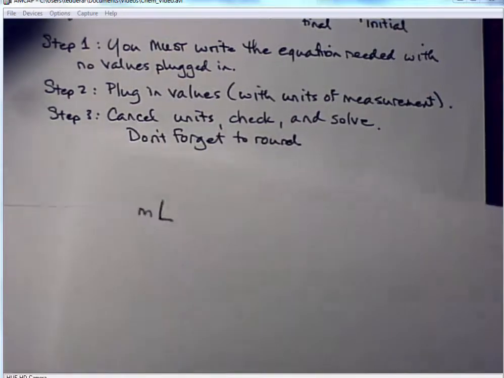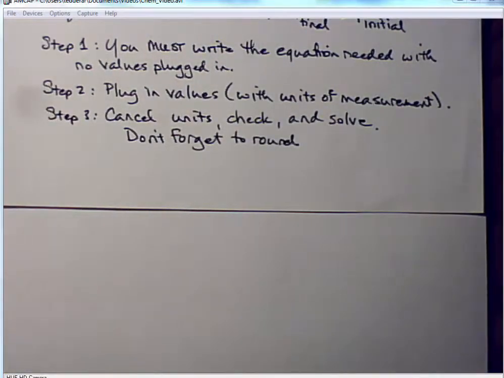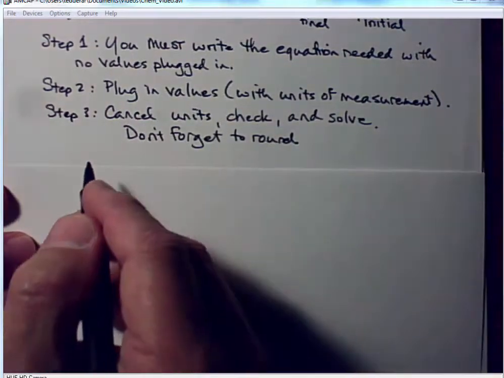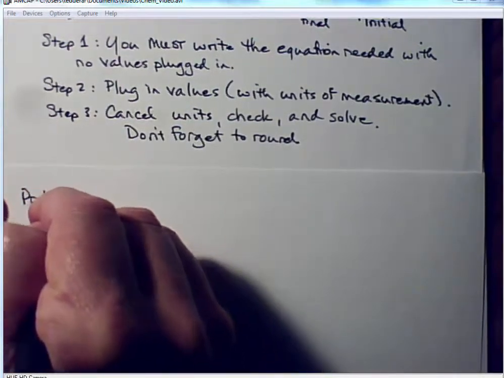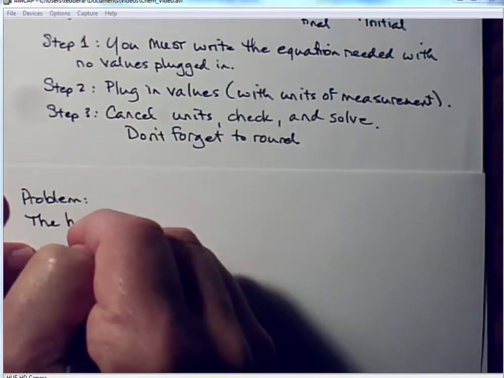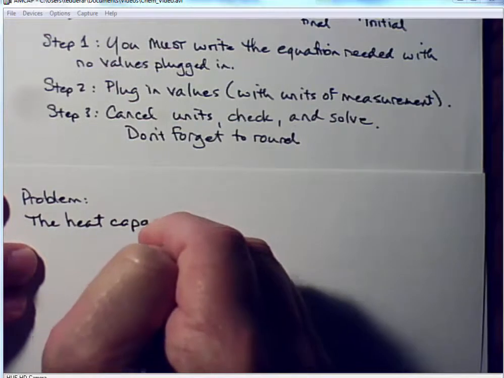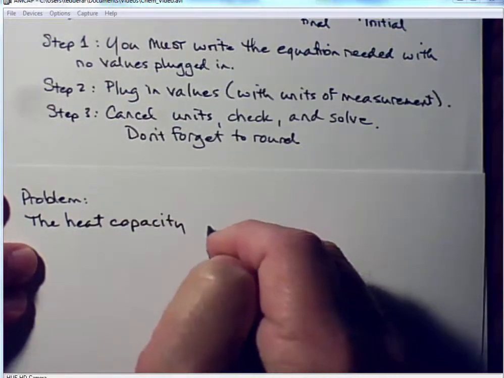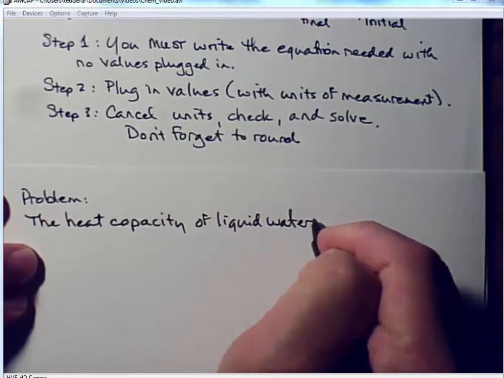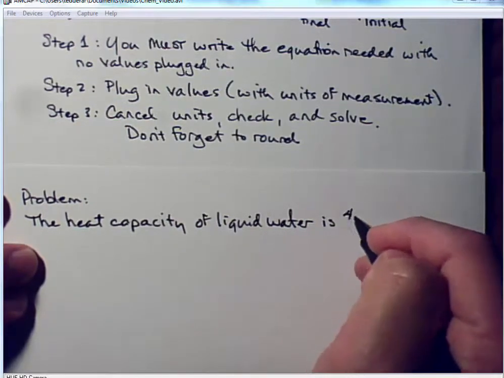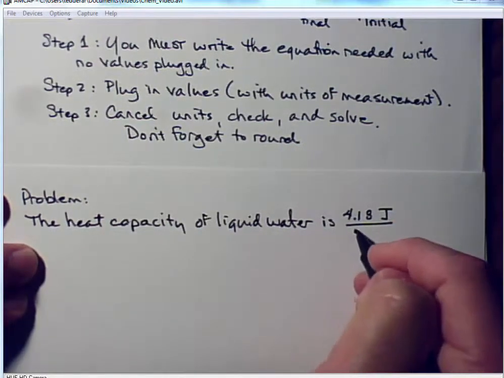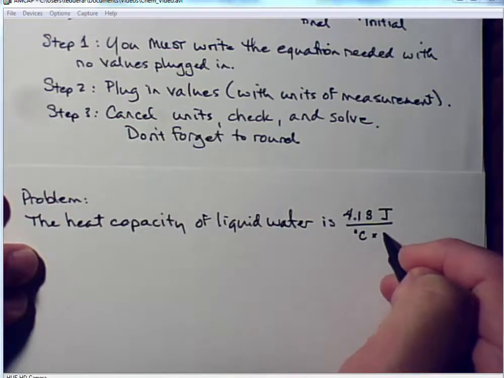So let's do a problem here. The heat capacity or specific heat of liquid water is 4.18 joules per degrees C per gram.